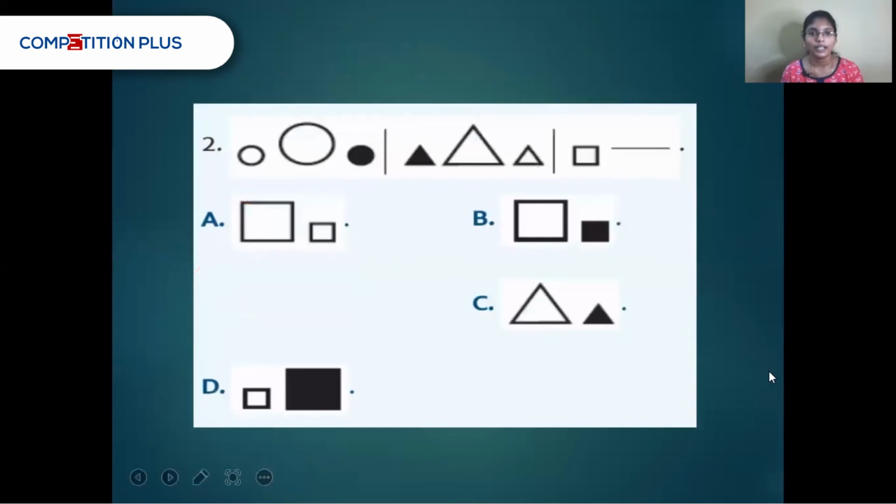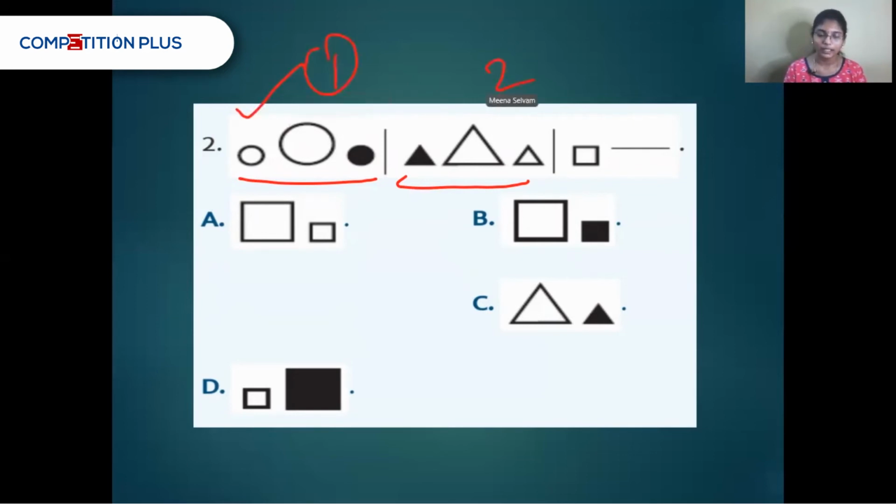Next question. You are having a set of symbols involving the shapes like circle, triangle, and square. If you notice in the first term, you have a small circle and a big circle and again a small circle with shadings. Now observe the second term, you have two small triangles with a big triangle in the center, same like term 1.